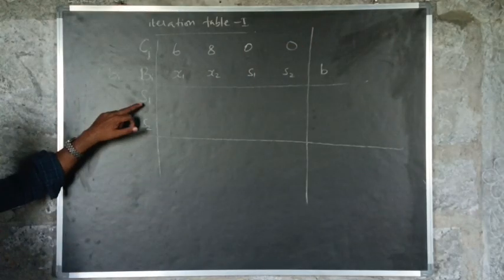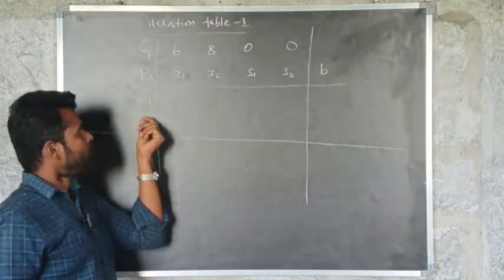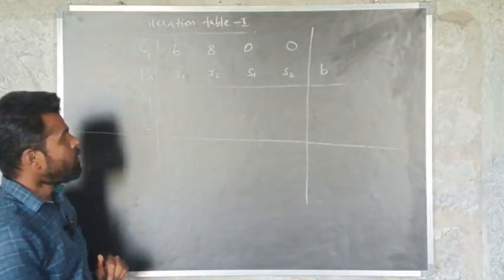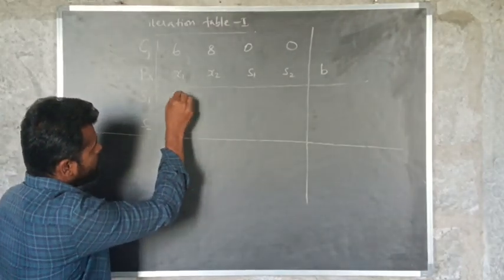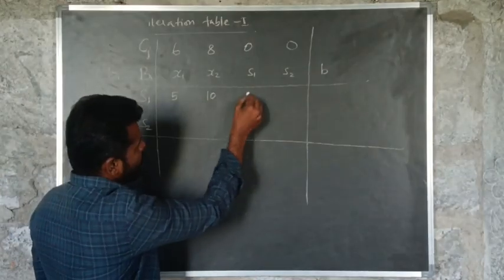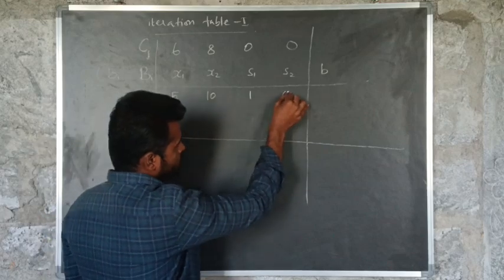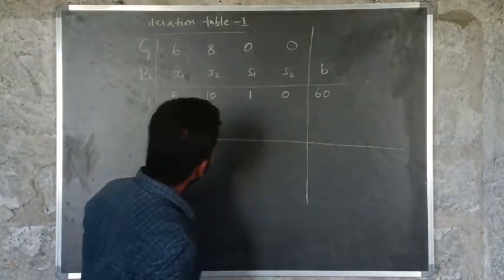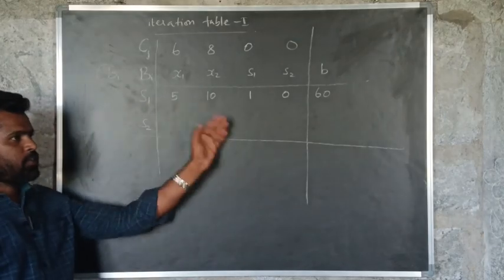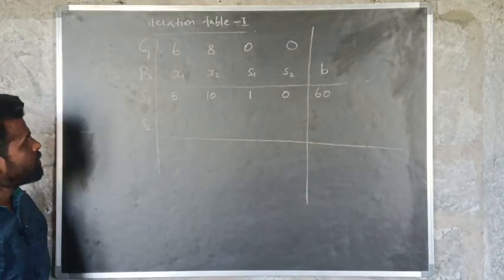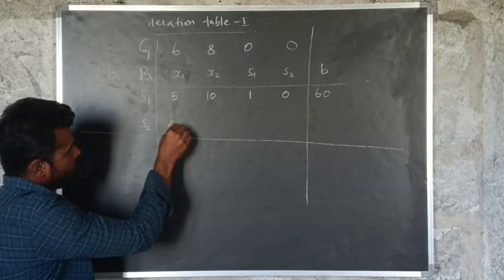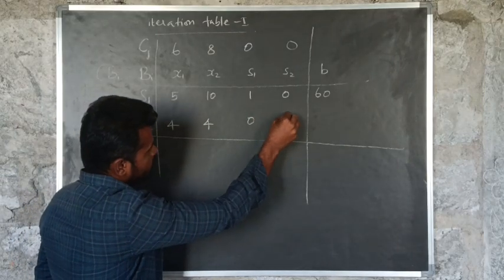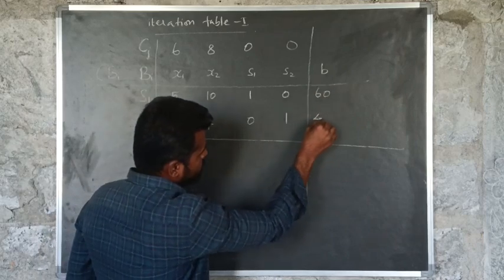Next, s1, whose solution we got from equation 1: the x1 coefficient is 5, x2 coefficient is 10, s1 coefficient 1, s2 coefficient 0, and the quantity on the right-hand side is 60. In the second equation, the coefficient of x1 is 4, x2 is 4, s1 coefficient 0, s2 coefficient 1, and the quantity on the right-hand side is 40.